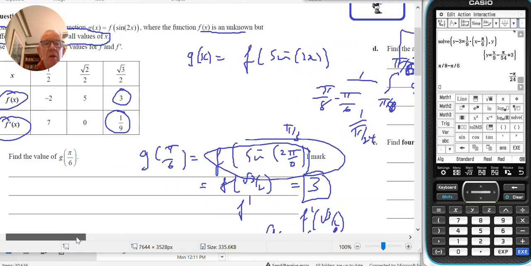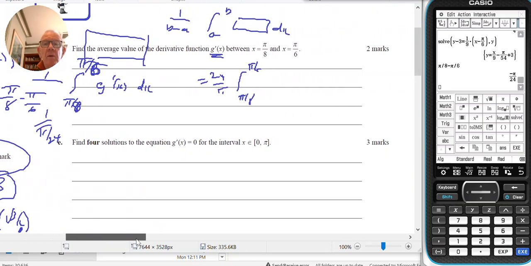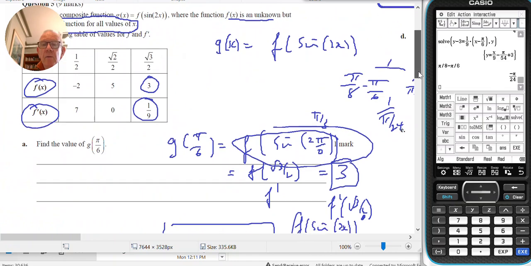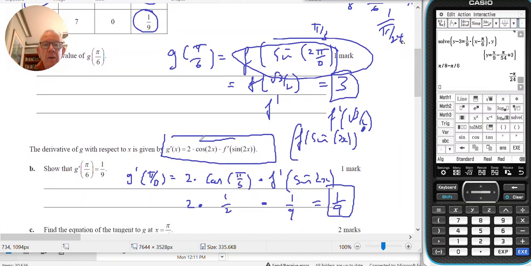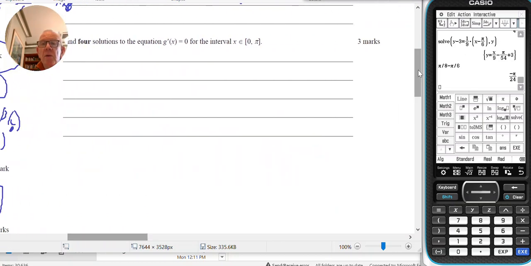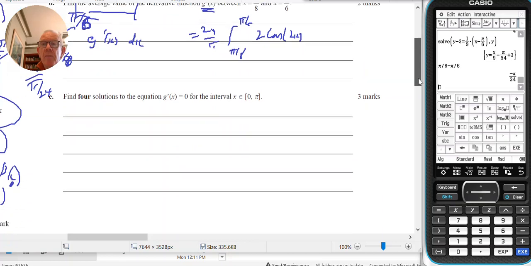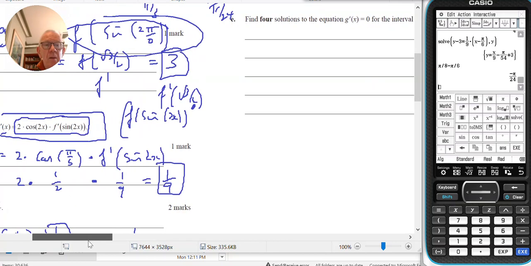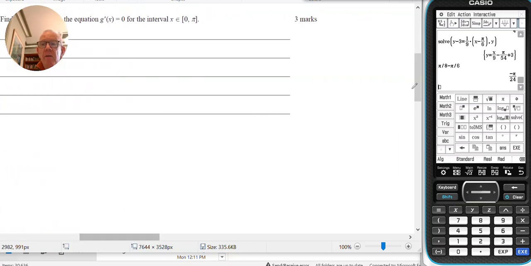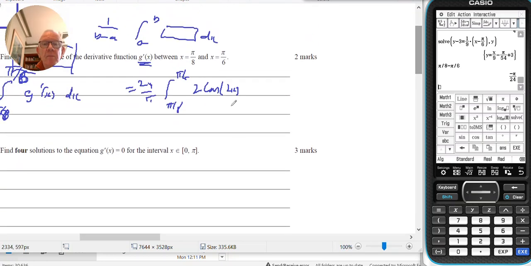So I want the integral of this, because that's what g dash of x is: 2 cos 2x times f dash of sine of 2x dx.